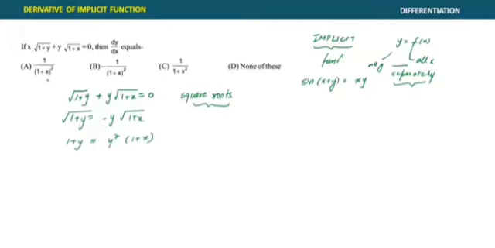Okay, let's just correct it because there was an x here also, so this will be x square. Now this is fine. So now if we start forming the equation, first of all, this will be x square plus x square y is equal to y square plus y square x. And if we take all the terms on the same side, this becomes x square minus y square plus x square y minus y square x, right?